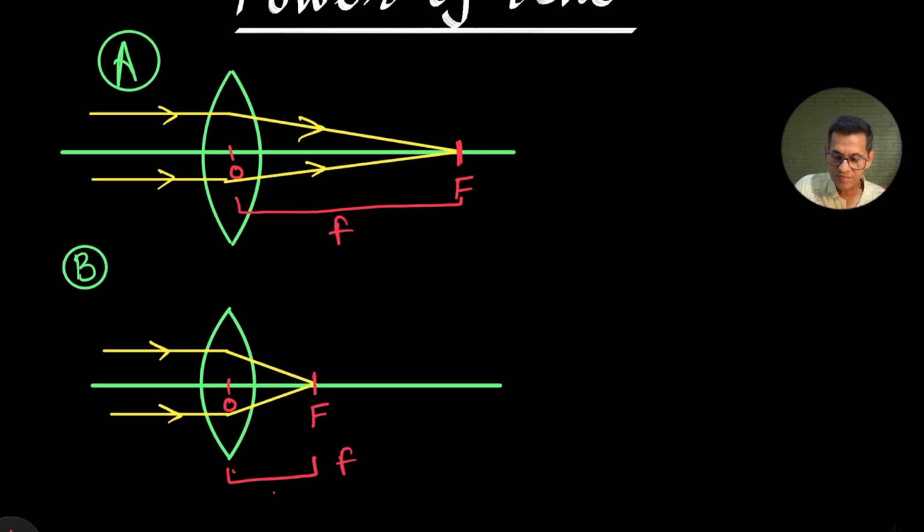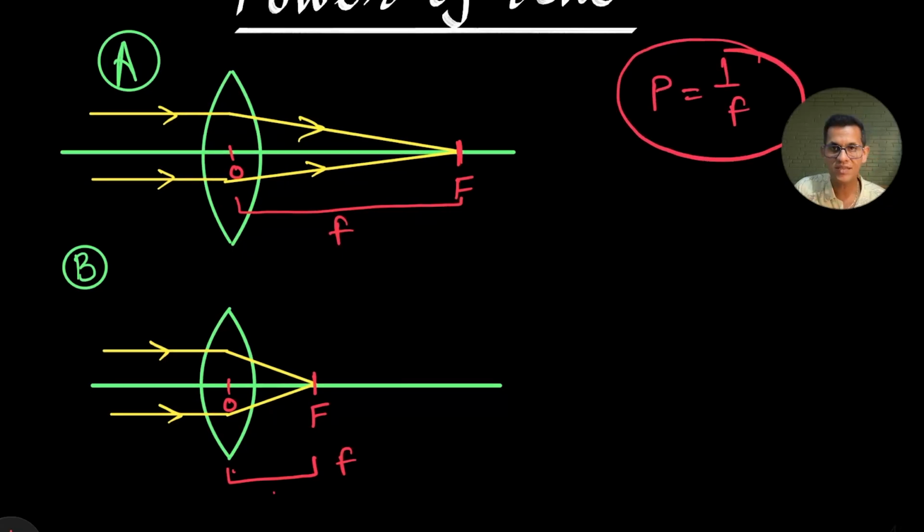Now remember that as per the formula, P is equal to 1 upon F. Power and focal length have an inverse relation, which means the greater the power of the lens, the shorter will be its focal length. Now out of these 2, lens B has a shorter focal length.